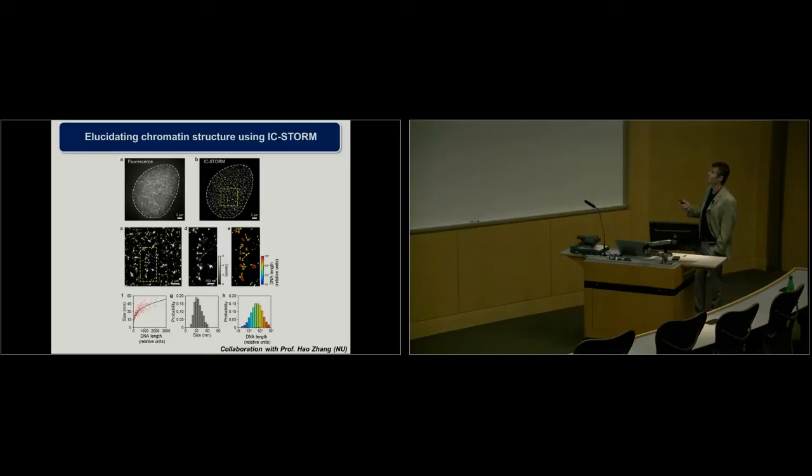That's how the image looks, and now you can zoom in into smaller parts of the chromatin. You can ask questions. For example, what are the sizes of the chromatin domains?